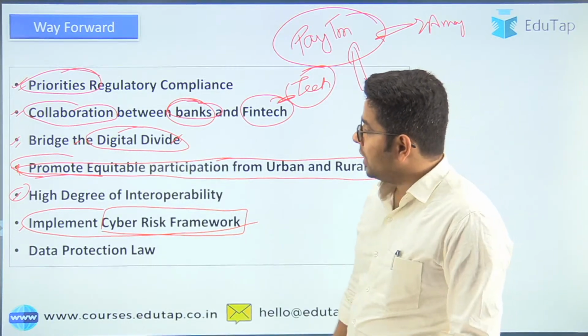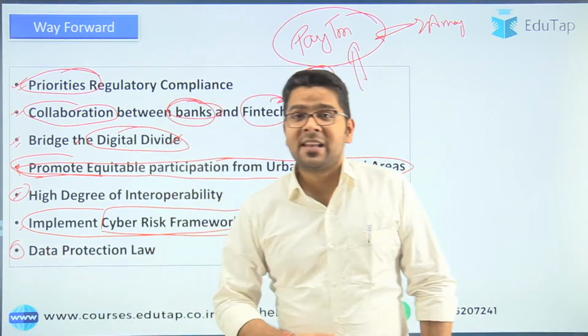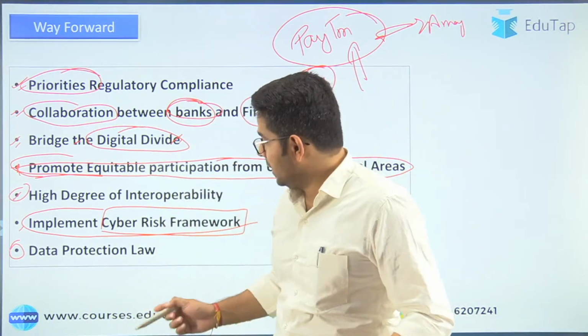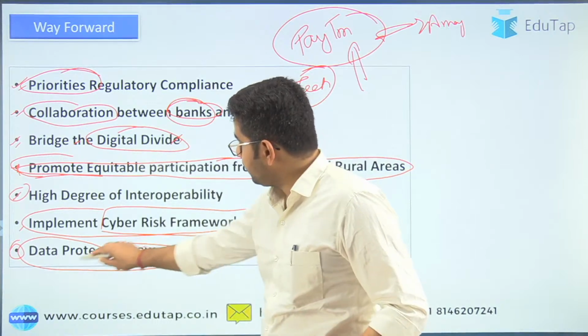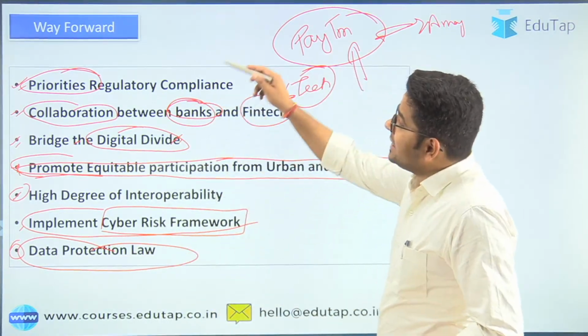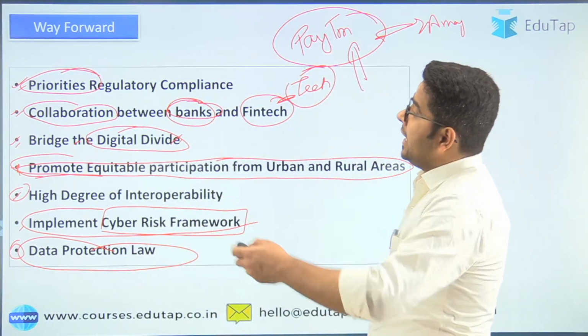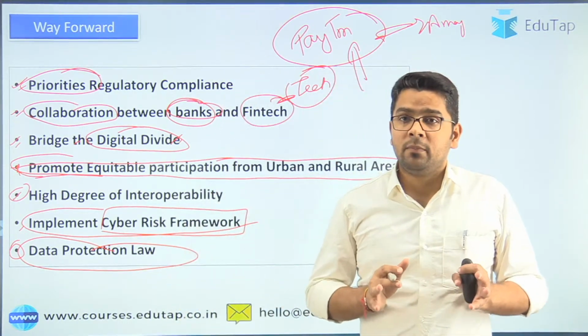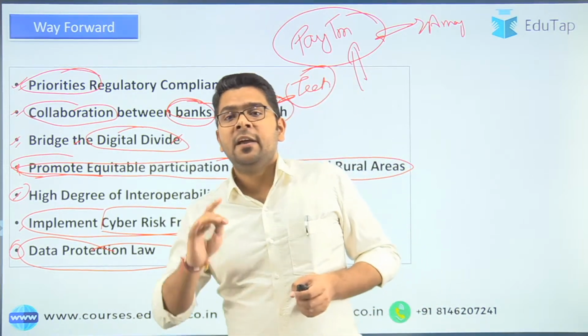Then coming to the last point. In almost every slide we have talked about data. So we need to have a data privacy or data protection law. So these are the ways forward that can be used in your answer, that what is the solution to the problems that are being faced by the fintech.